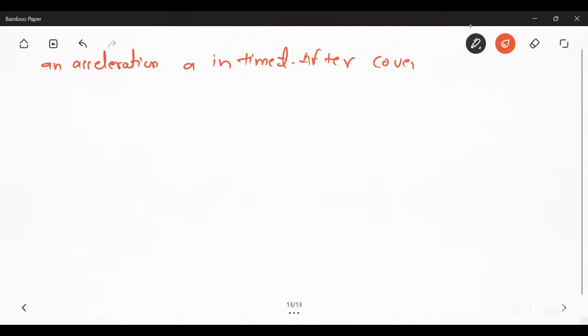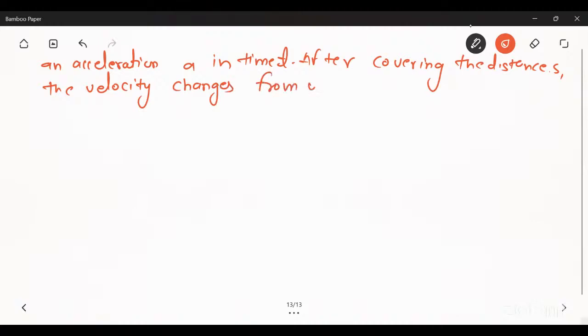After covering the distance s, the velocity changes from u to v. So v square minus u square equals 2as.